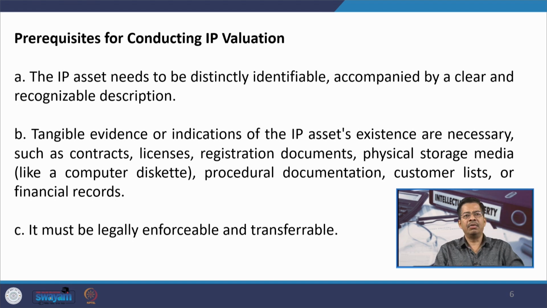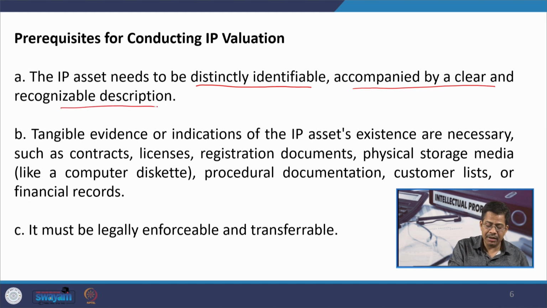Now, when we are doing this IP valuation, there are few prerequisites which you should have. Only when you have all these prerequisites can you do a proper IP valuation. So, you should be able to distinctly identify your IP assets, accompanied by a clear and recognizable description.